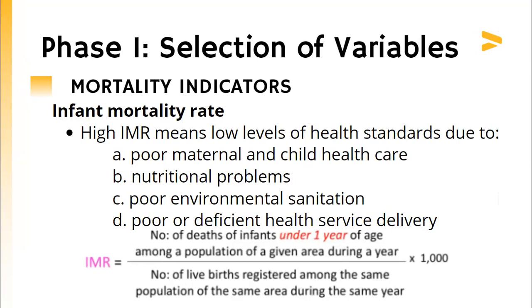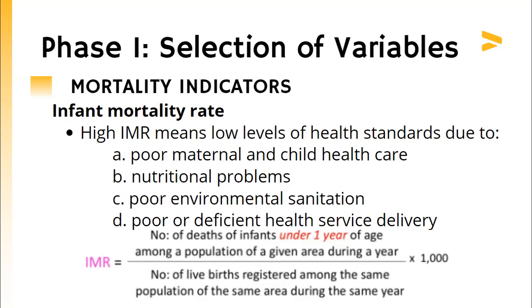Okay, so how do we compute the infant mortality rate? Again, we need to first define what an infant is. Infants are that part of the population who are under 1 year of age, so under 12 months.